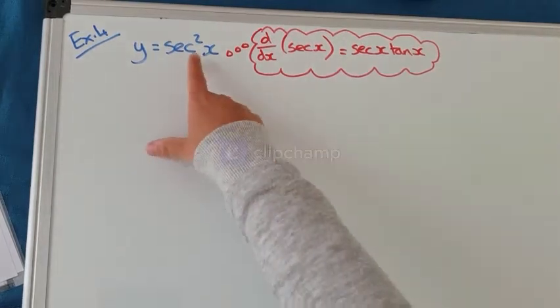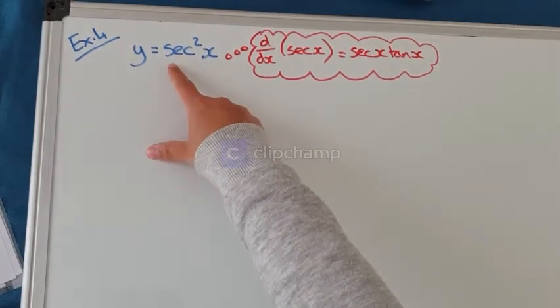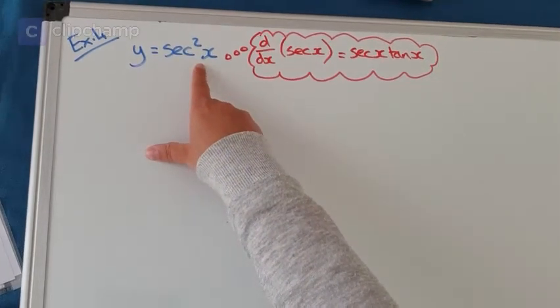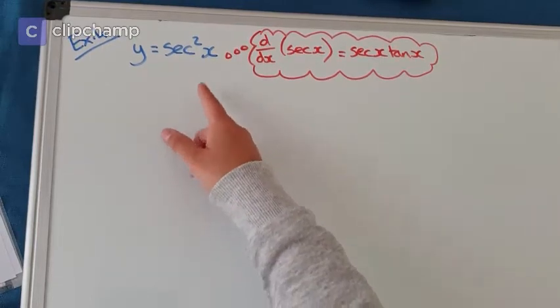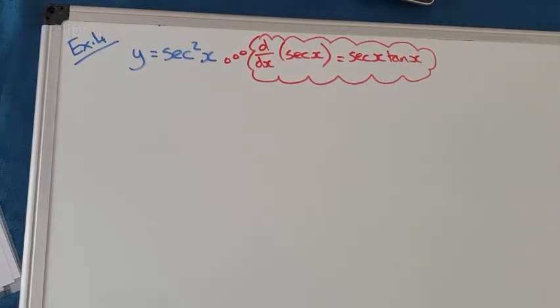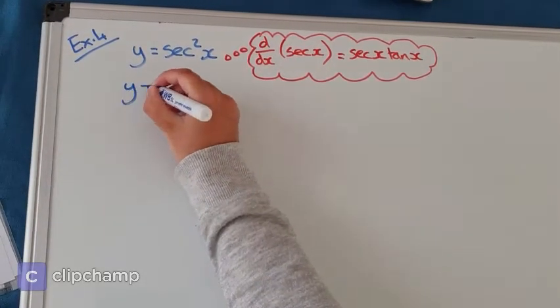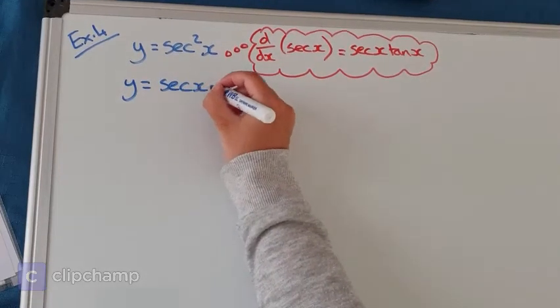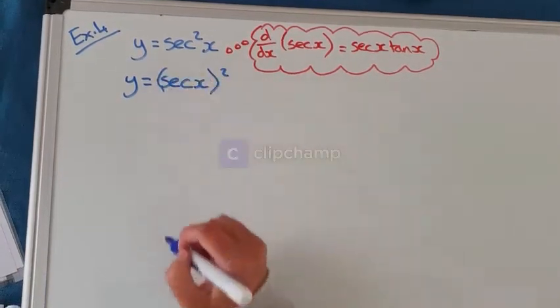Okay. Now, normally when we've got something like cos squared x, we would write it as cos x all squared. So I'm going to do the same here with the sec. I'm going to write that as y equals sec x all squared.